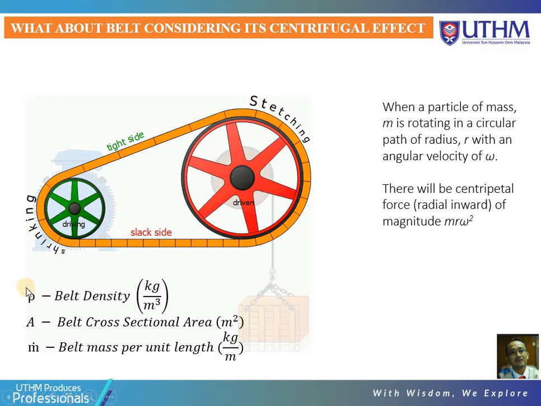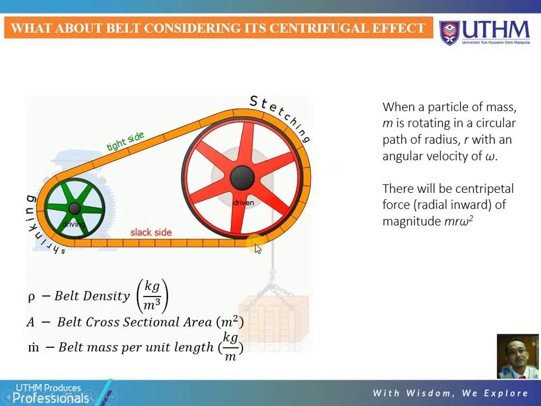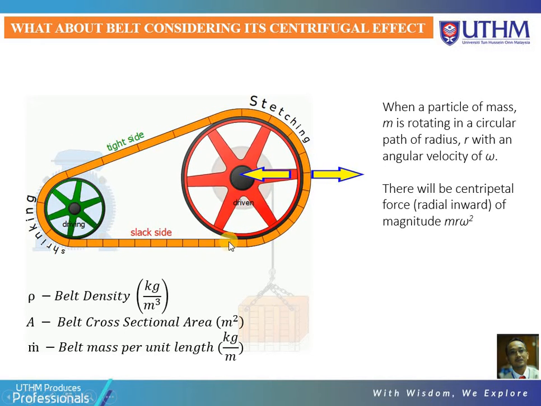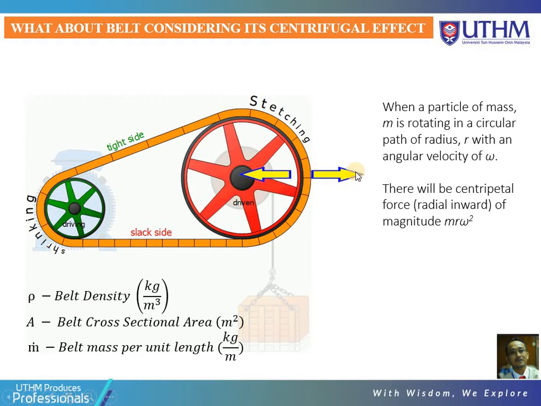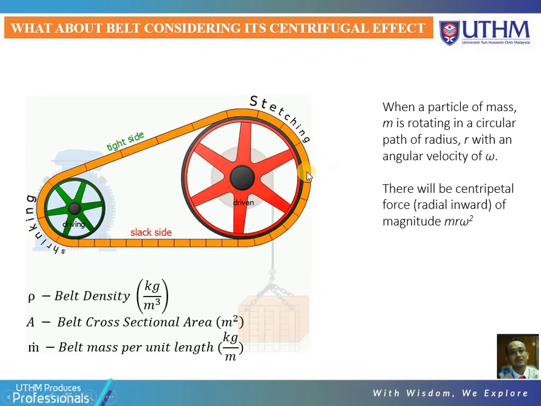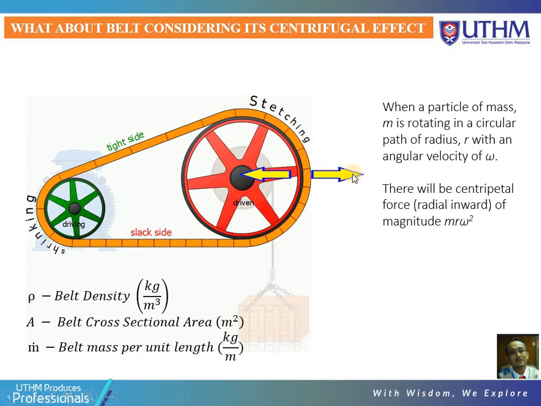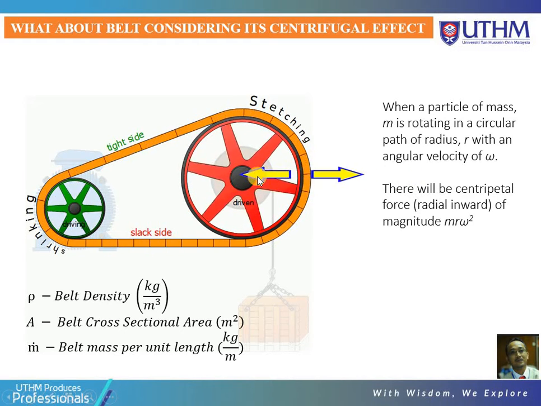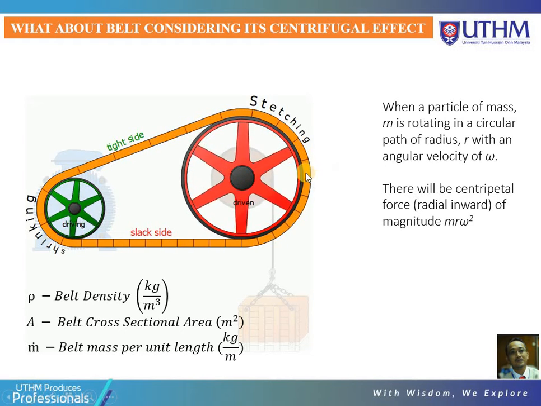It's either given in density or belt mass per unit length. So at a certain point, when the belt is running at a higher speed, the belt tends to move outward because of the centrifugal effect acting perpendicular, acting outwards of the pulley, while the centripetal is acting radially inwards.